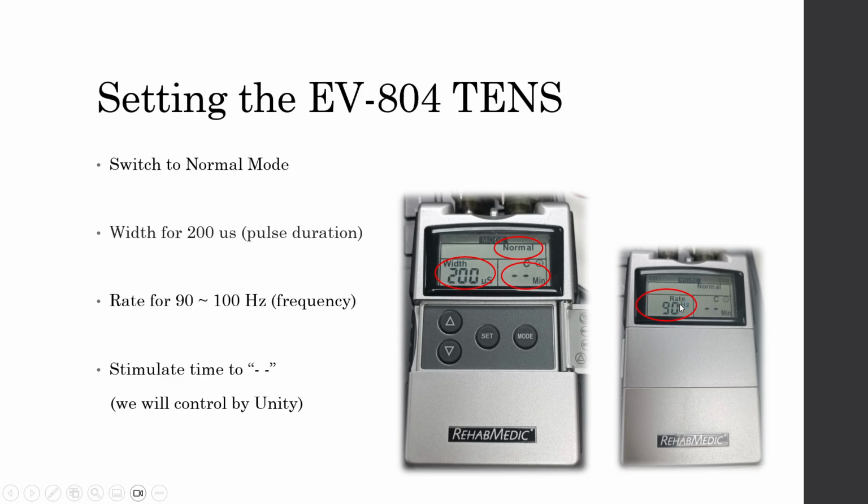I think you can change it to around 90 to 100 frequency, because we need to stimulate our foot, and the foot needs a high frequency to stimulate your foot skin and muscles.